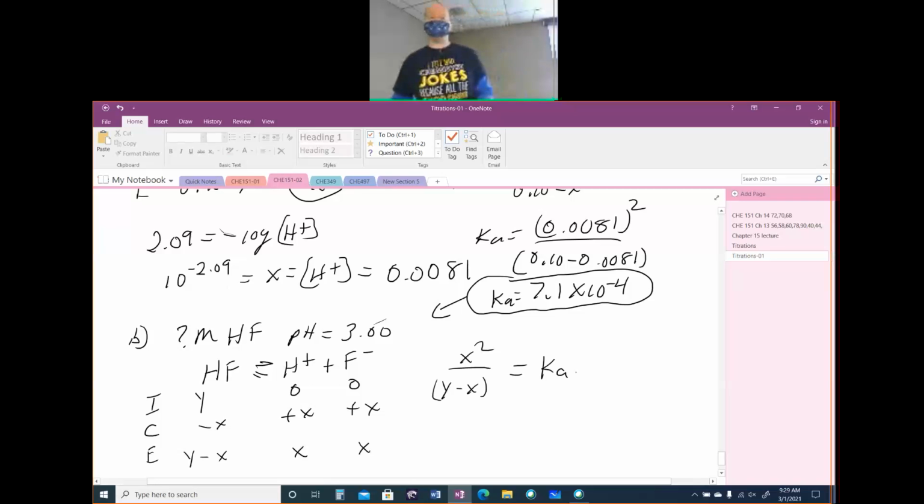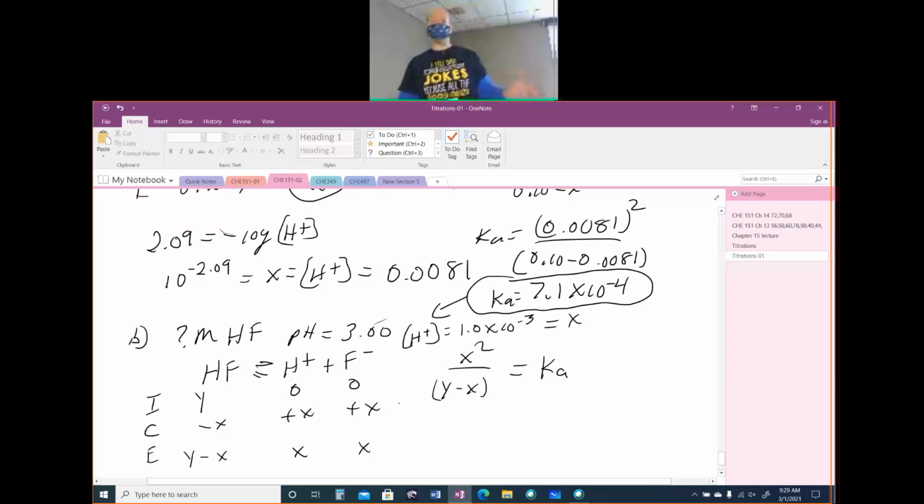And we know everything here except for Y. You can only have one unknown, and that's all we have, because X is our concentration of H plus. We have our pH. So to get the H plus, convert that, take the negative of both sides, and then you take your anti-log of both sides, and you get 1.0 times 10 to the minus 3.